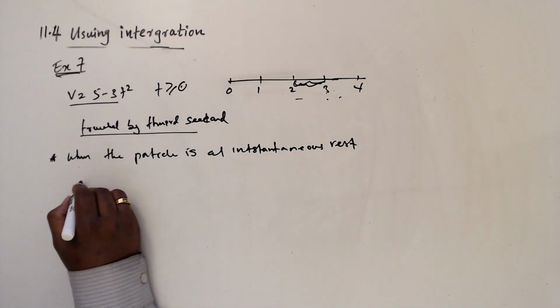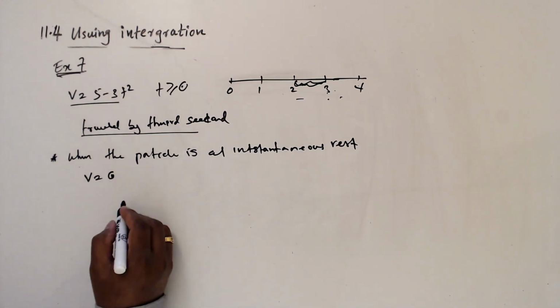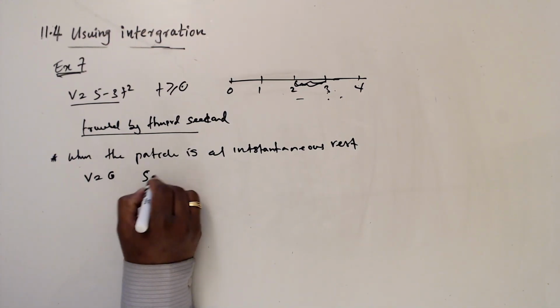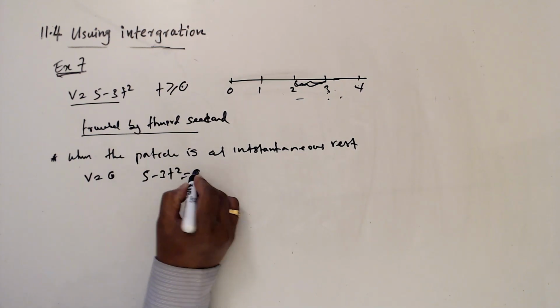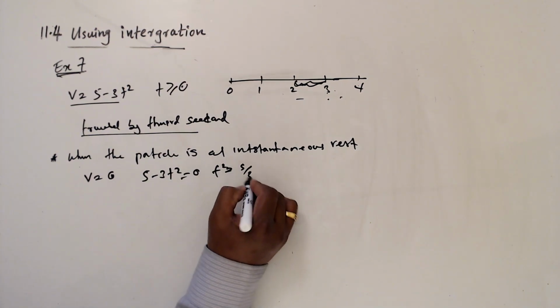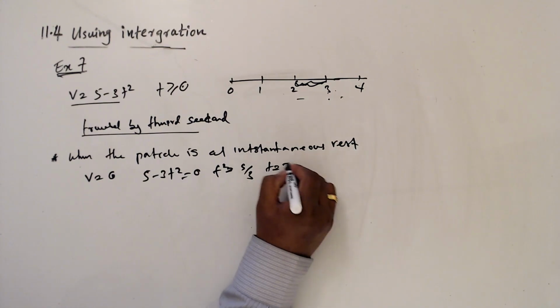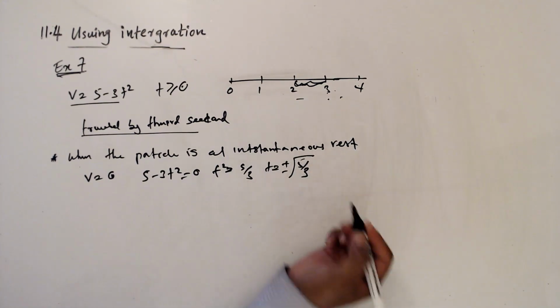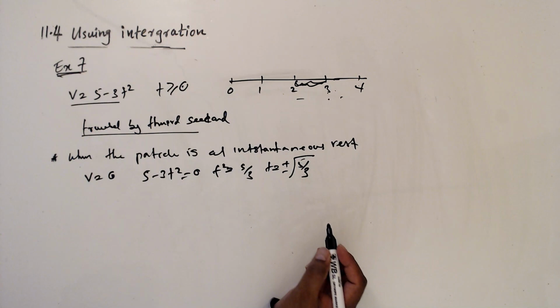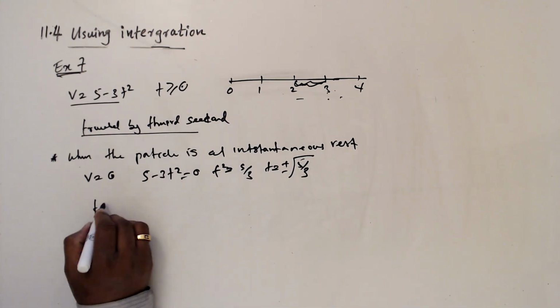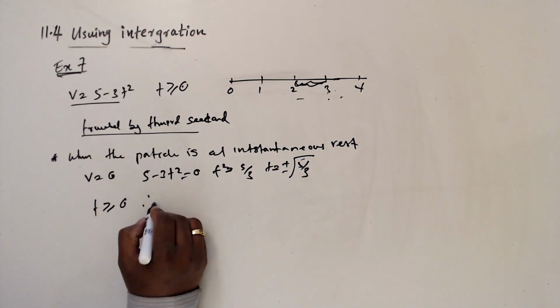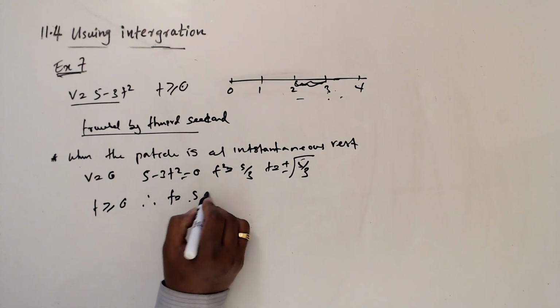For that you have to make v equal 0. Then 5 minus 3t square equals 0. T square equals 5 divided by 3. T equals plus or minus square root of 5 over 3. Then t has to be greater than 0. Hence t equals square root of 5 over 3.